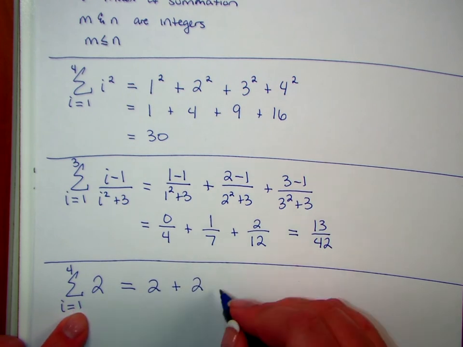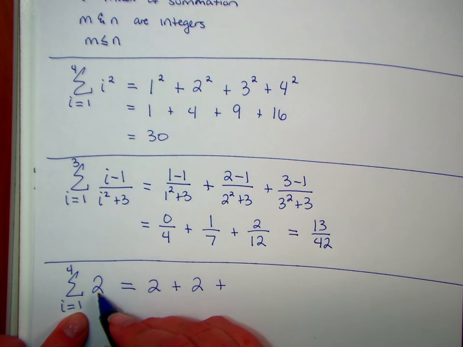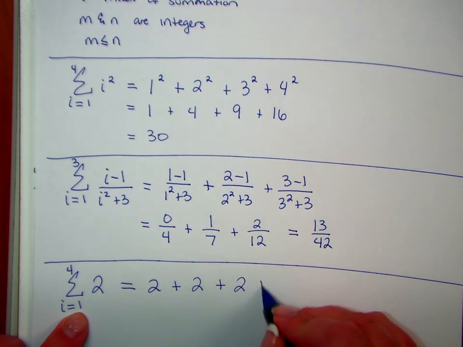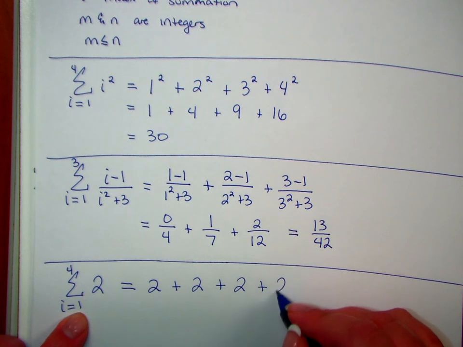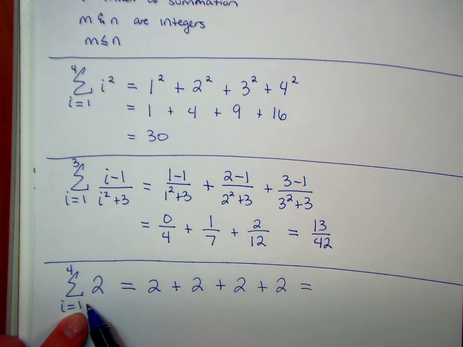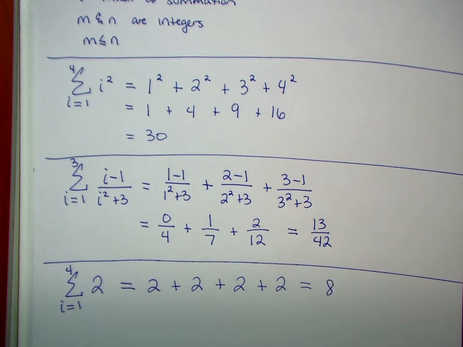Then change it to i equals 3. If i is 3, the term is just 2. And then increase it to 4, and if i is 4, the term, again, is just 2. So the summation from 1 to 4 of a constant is just adding that constant 4 times. And so we're going to get 8 for an answer.